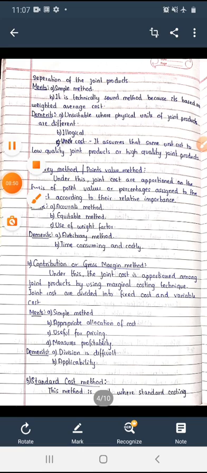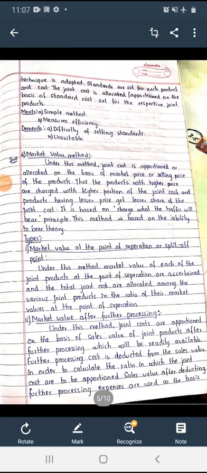And next one, the market value method. Under the market value method, this is important. This is there in your problems, and we are solving more problems on it. The joint cost is apportioned on the basis of the market price or selling price of the products.